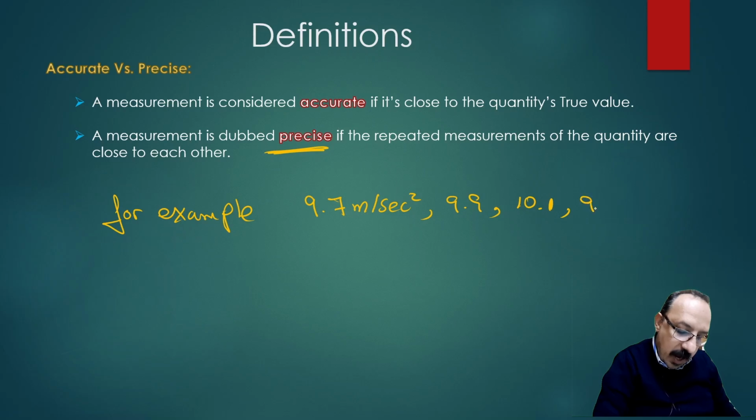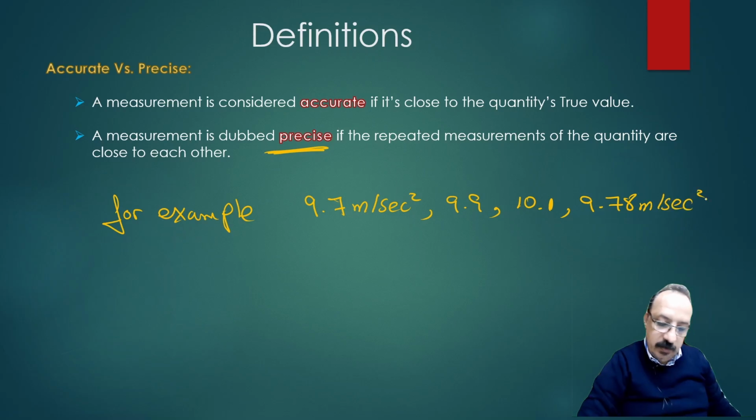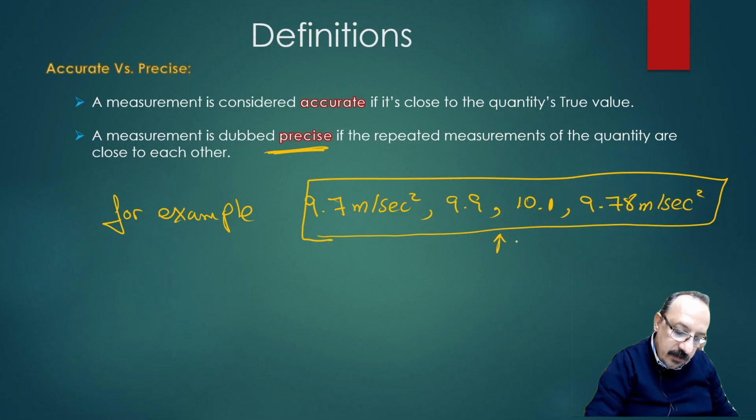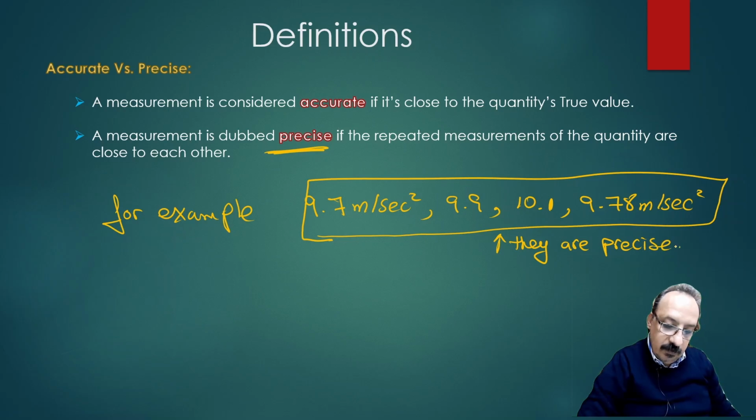I measured 9.78 meter per second square. Since all those values are close to each other, they are precise. They don't need to be accurate. Okay? Again, this is precise. Those values are also precise.